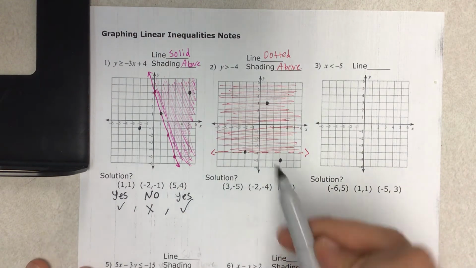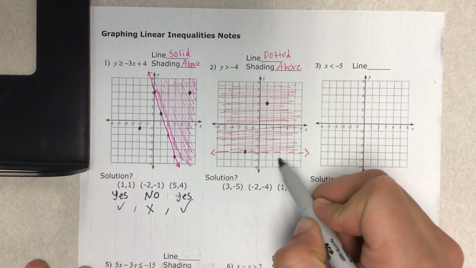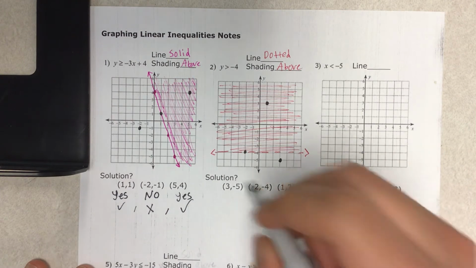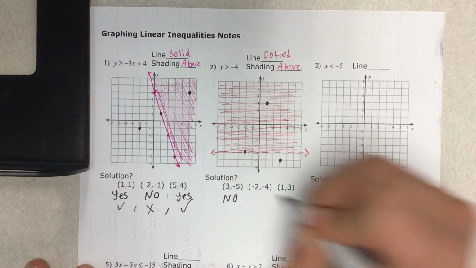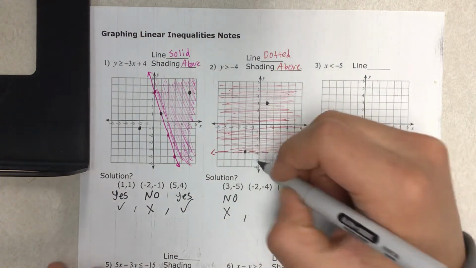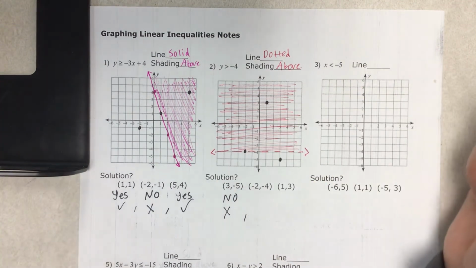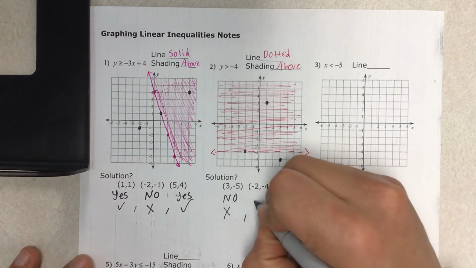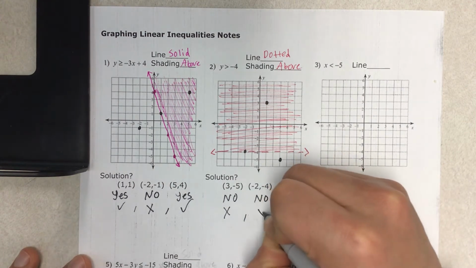So 3, -5. Remember that was over here. That's plain. It's not on any kind of solid line. It's not in the shading. So this one is no, not a solution. Okay. Now, -2, -4. This one's a little tricky. So -2, -4 is right there. It's on the line, right? But if we remember the notes we took yesterday, even though it's on a dotted line, that means this is not a solution, okay?